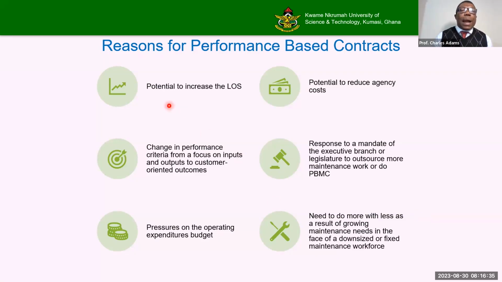So when we do OPRC or performance contracts, we are trying to increase the level of service, not only for the asset that has been built, but we can even include aspects of the construction phase so that when the constructor is building the road, he cannot allow a particular condition to happen on the road. So, for example, here in Liberia, we are doing a new road project.